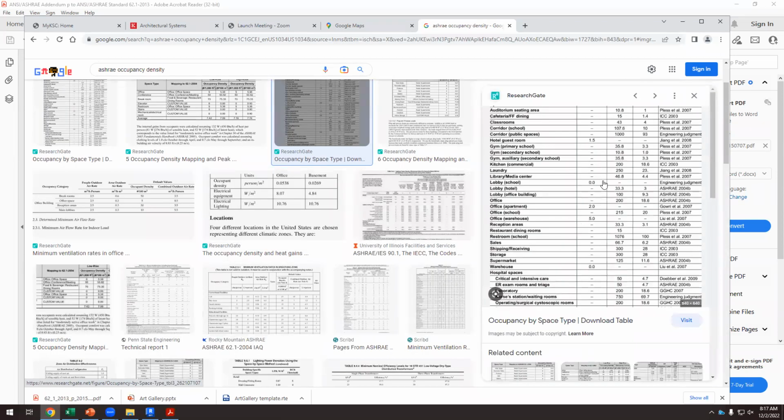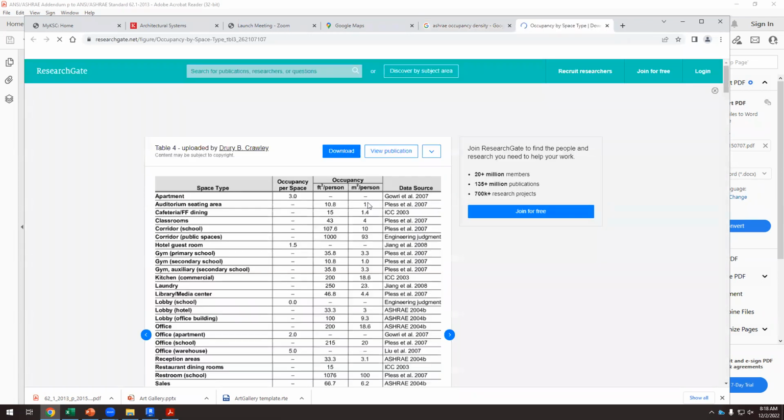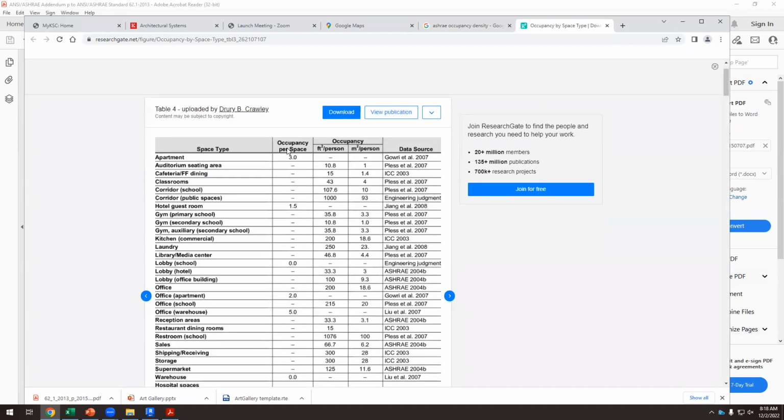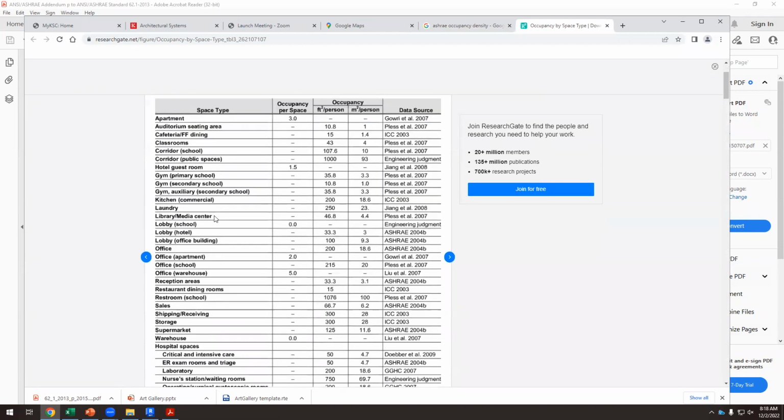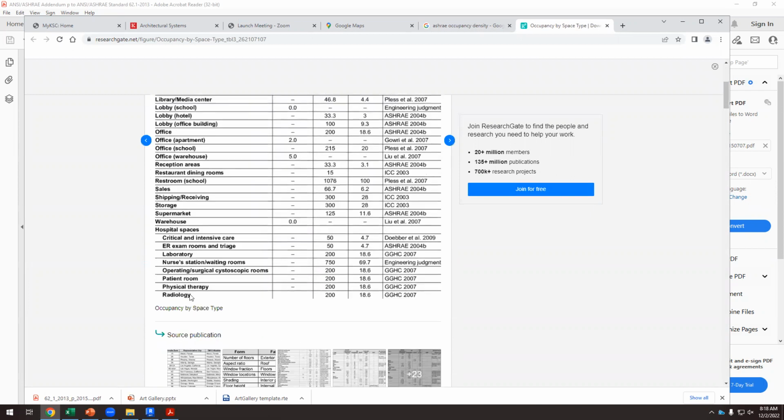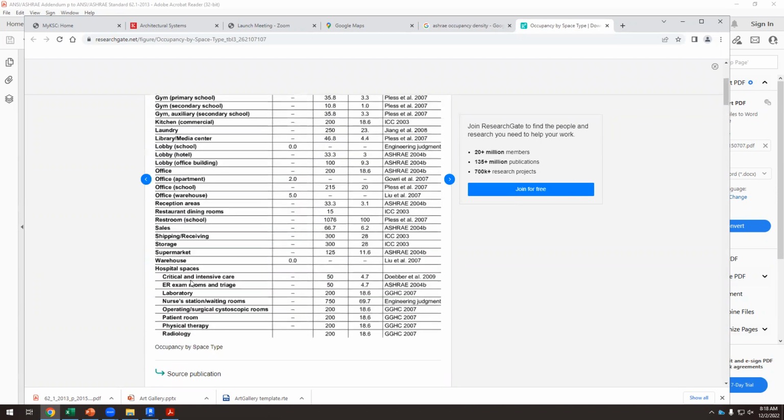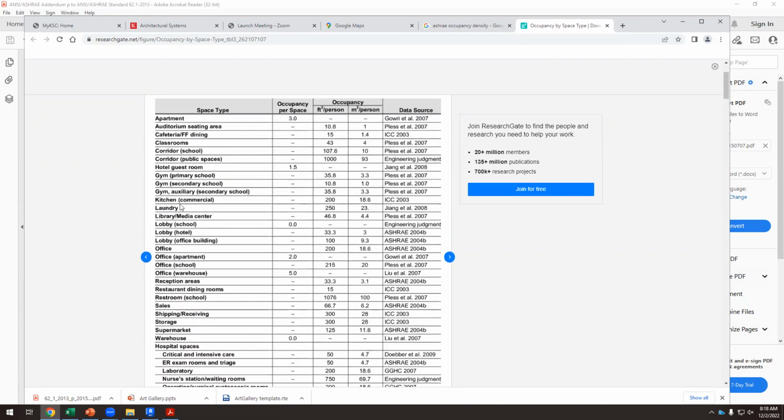Okay, so here we have different tables. We have either per space or feet square per person or meter square per person. Okay, so here we have different things. We have lobbies. I don't know if we have art galleries here. Probably we don't. Okay, but in classrooms, look at this.